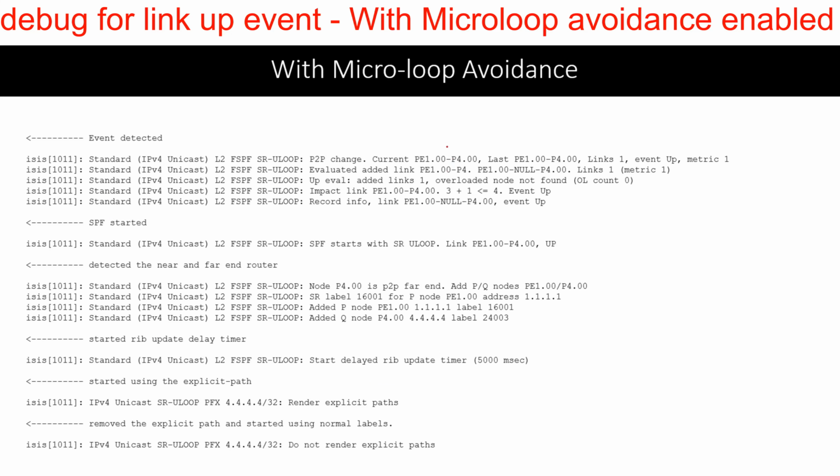So this debug I have captured on PE7. Here it is detecting the event, that a link up event has happened in the network, and then it starts the SPF with segment routing microloop. It is saying that the link between P1 and P4 is up.